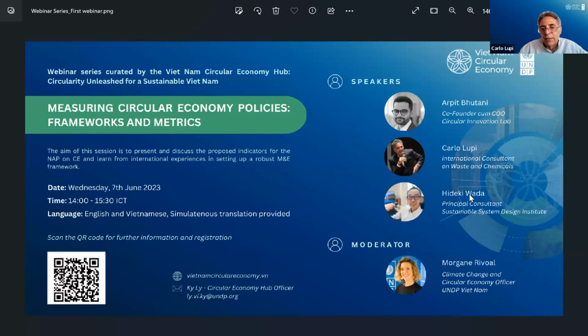I could talk for one day about that, but this is really the most important thing in circular economy: collection of data.